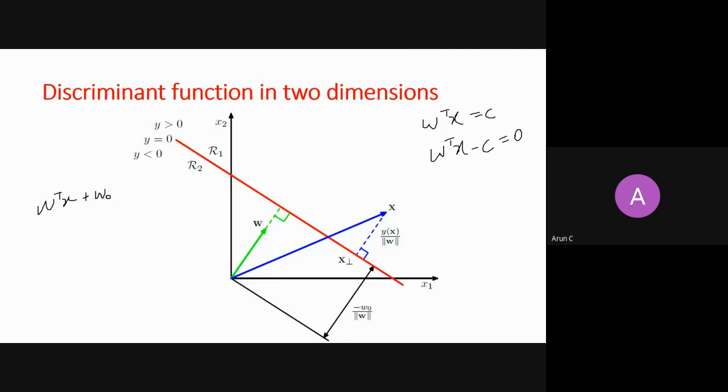But if your W is not a unit vector, then you need to divide it by the norm of W, right?